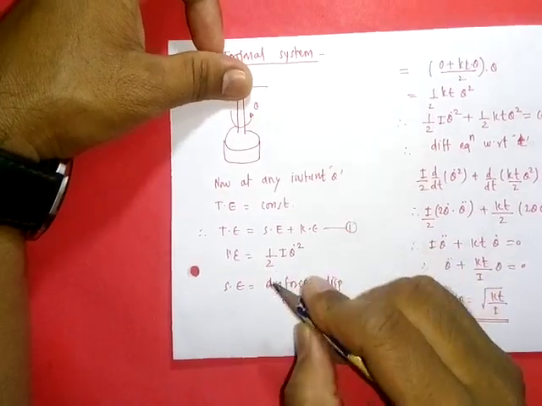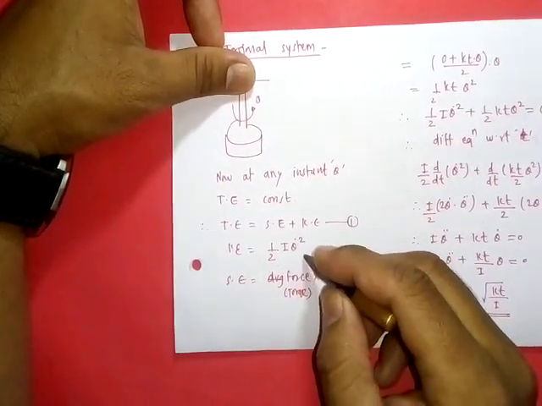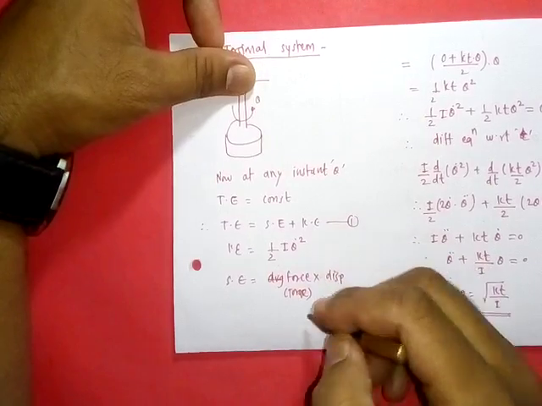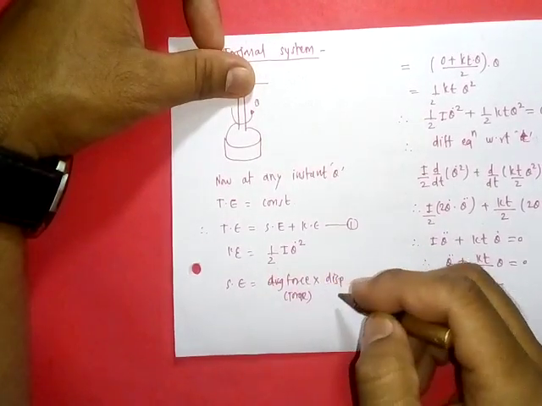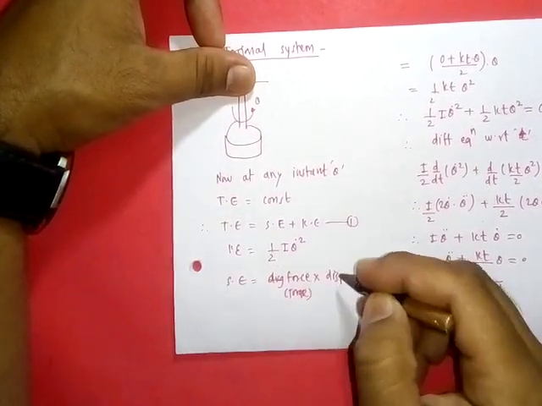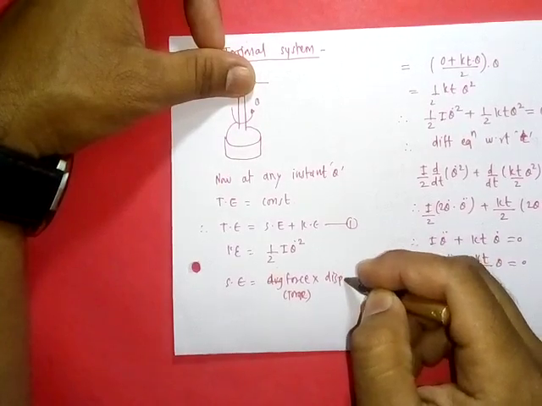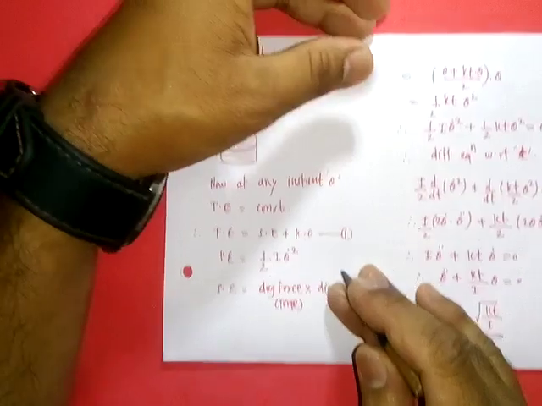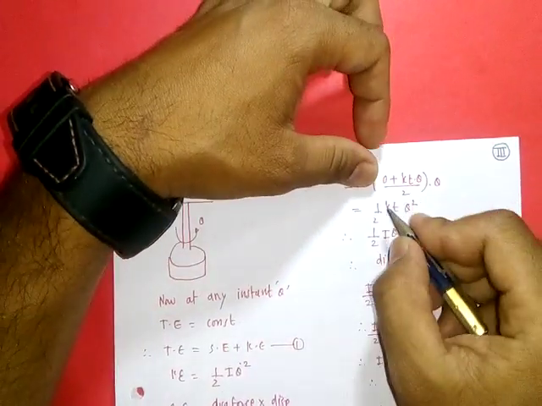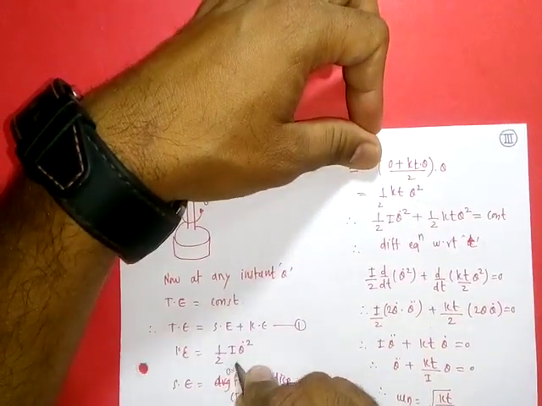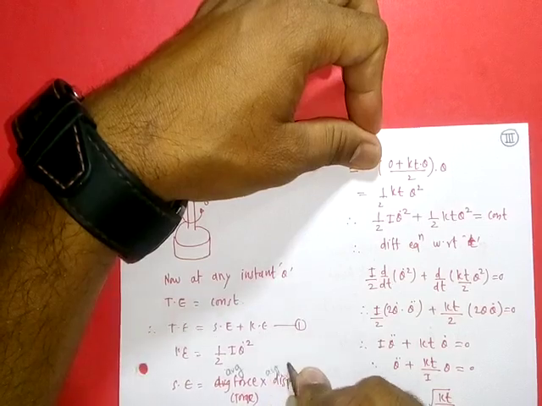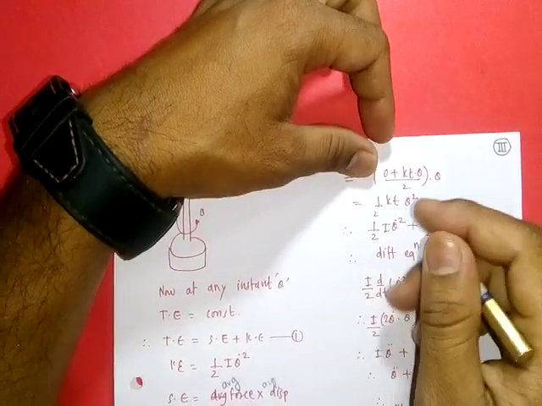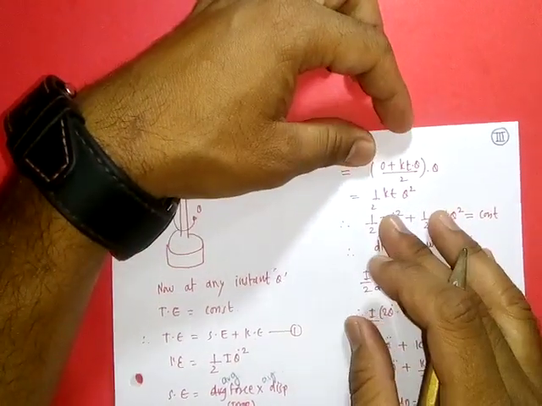Then kinetic energy at any instant is 1 half I theta dot square. Then strain energy will be average torque into angular deformation, similar to our linear deformation.